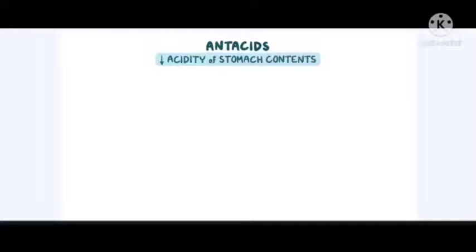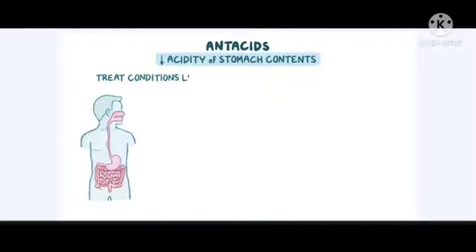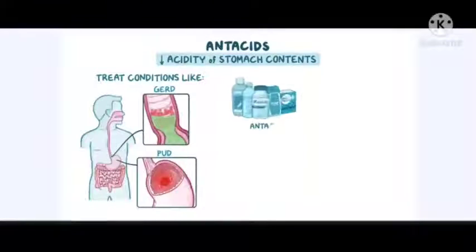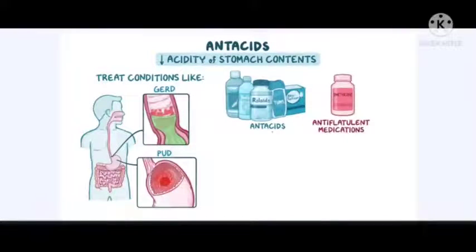Alright, as a quick recap, antacids are acid-reducing medications that directly lower the acidity of stomach contents. They are used to treat conditions like gastroesophageal reflux disorder, or GERD, and peptic ulcer disease, or PUD. When combined with medications like simethicone, they also act as an anti-flatulent.